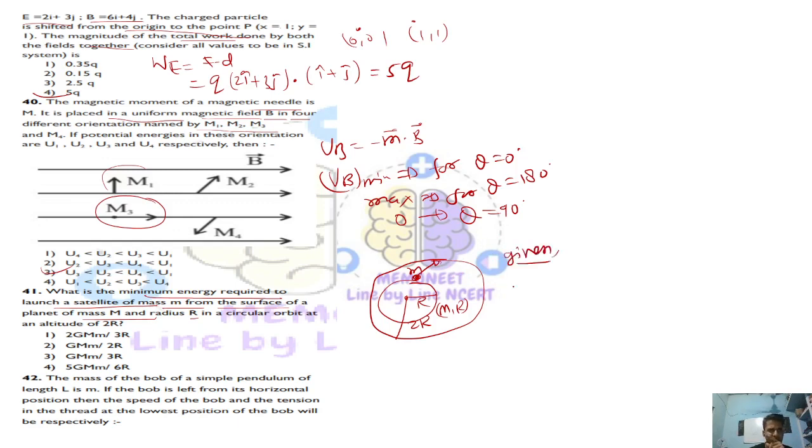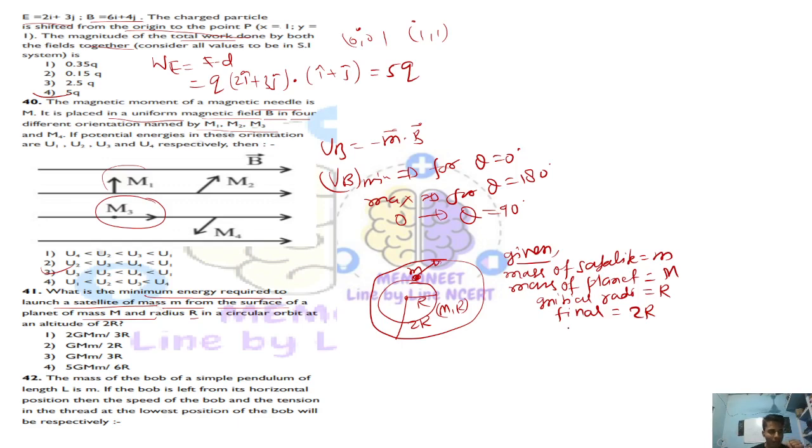The minimum energy required, and the satellite mass: the mass of the satellite is simply small m, the mass of the planet is capital M, the initial radius is R and the final is 2R. Or you can say altitude of R.